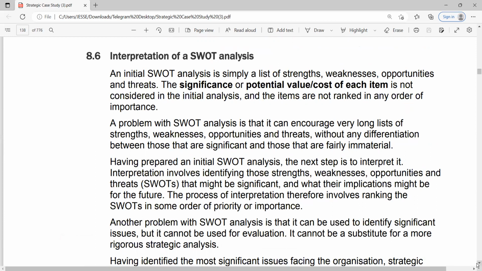An initial SWOT analysis is simply a list of strengths, weaknesses, opportunities, and threats. The significance or potential value or cost of each item is not considered in the initial analysis, and the items are not ranked in any order. There are no rankings in the SWOT analysis.